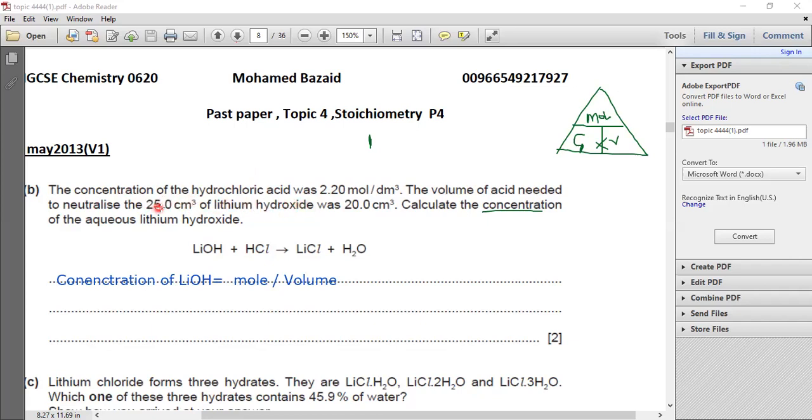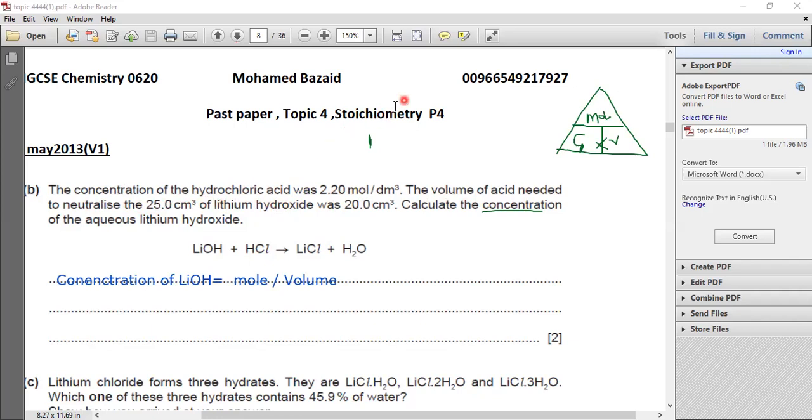So 0.025. Yes. So this is a common mistake. Most of the students will say volume of lithium hydroxide 20. No, look, the word was referred to hydrochloric acid. Read again. The volume of acid needed to neutralize the 25 cubic centimeter of lithium hydroxide.